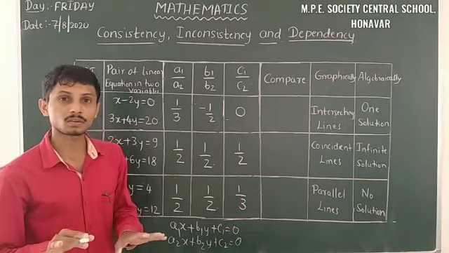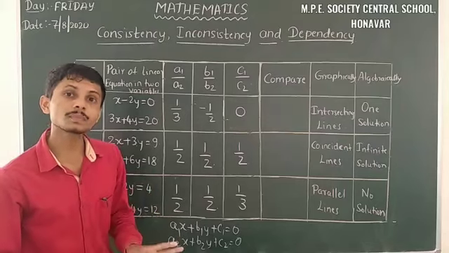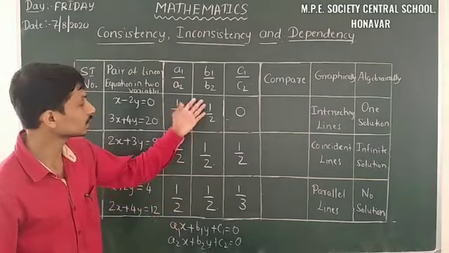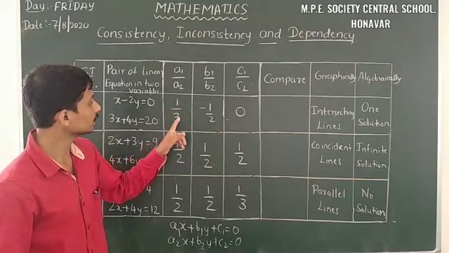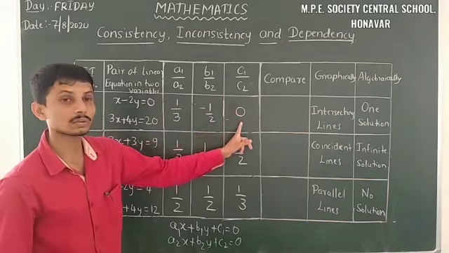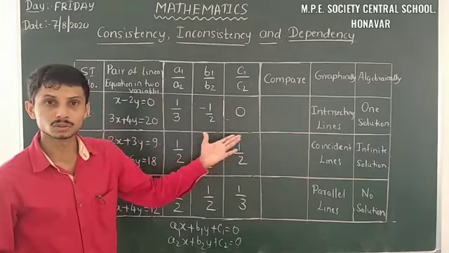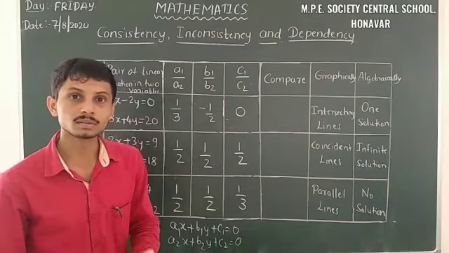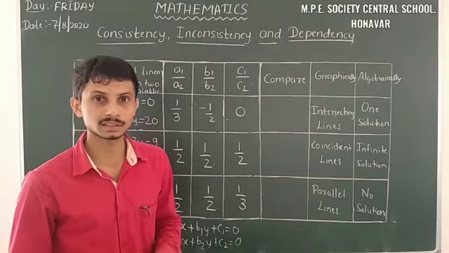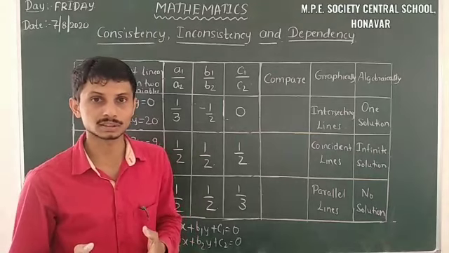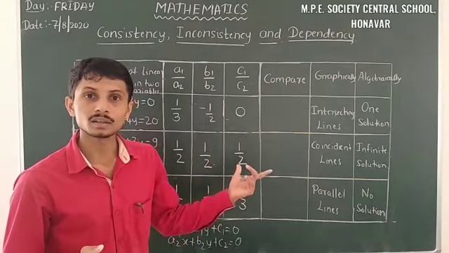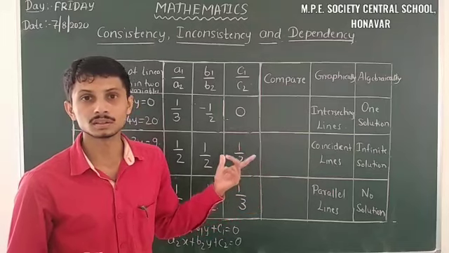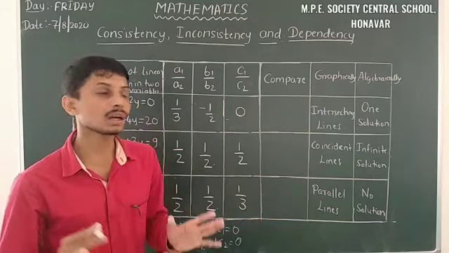So it will be true for all the pairs of linear equations in two variables. Here just compare. Here 1 by 3 is there, here minus 1 by 2 is there, and c1 by 0. So here none of the ratios of the coefficients of x and y and the constant terms are equal. That means all are unequal here.